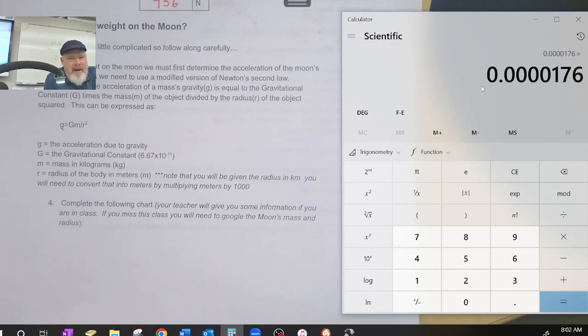So why don't I have mass 1 plus mass 2? Well, we're seeing how much you would weigh on the moon. The moon has such a phenomenally large mass compared to you that you wouldn't even figure into this equation.